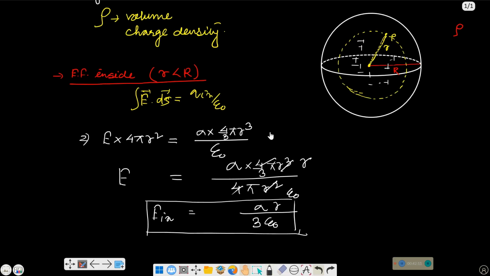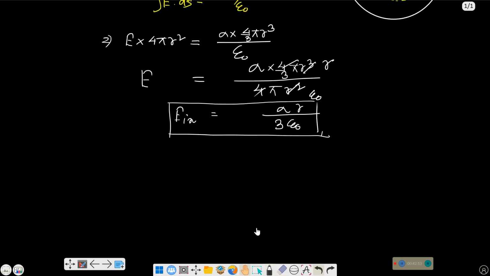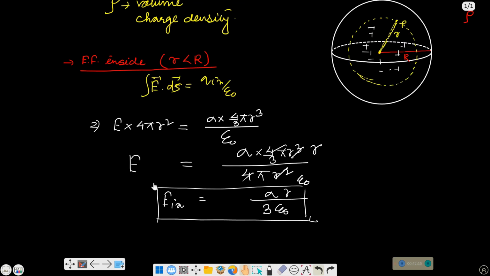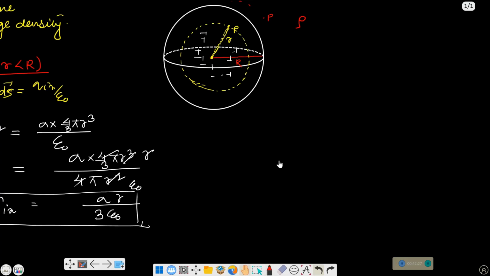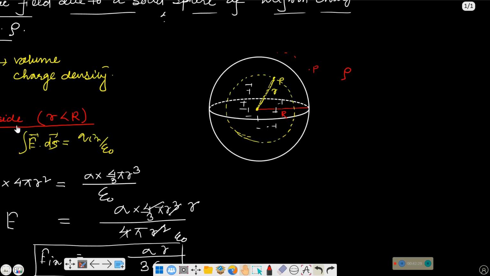Now for any outside point, let me take this as the outside point P, and suppose this is your Gaussian surface.